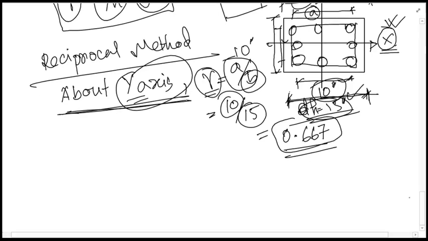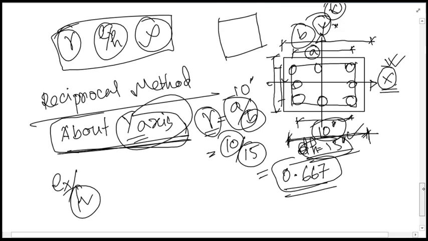Now we'll be going to calculate e by h. Whenever you are about y-axis, keep remembering this fact that you will be taking the ratio of ex divided by h. What is h? Whenever you are concerned with y-axis, h is this one, as I have explained, and whenever you are concerned with x-axis, h will be that one.